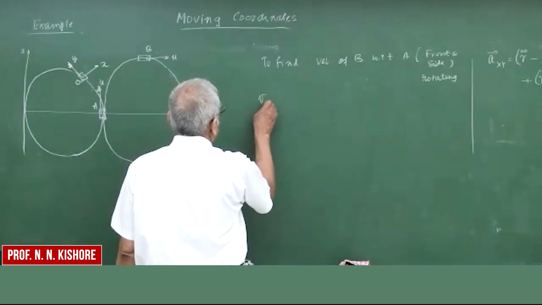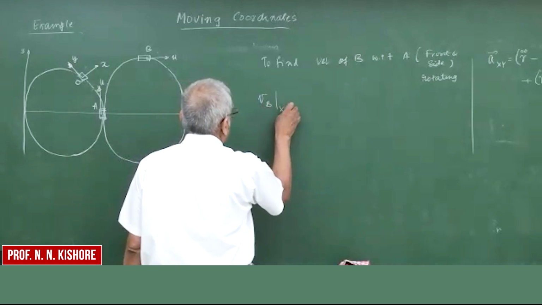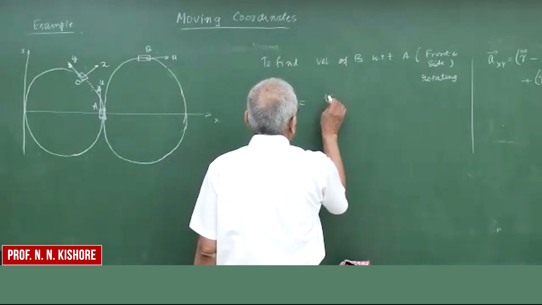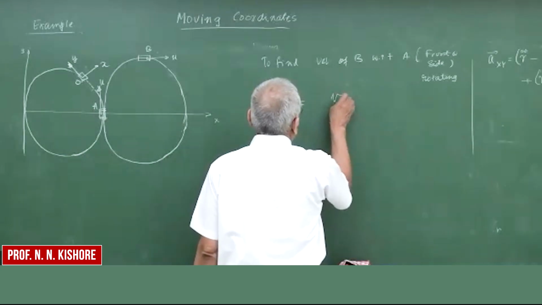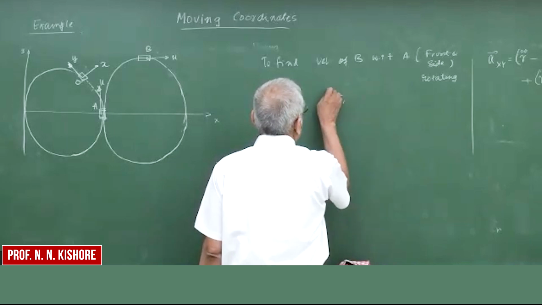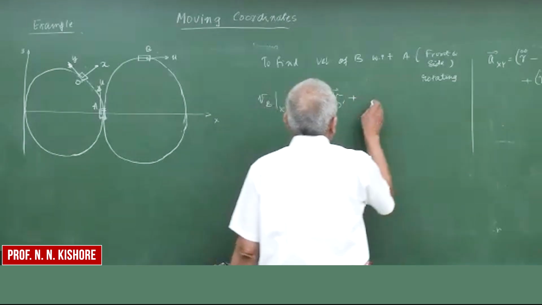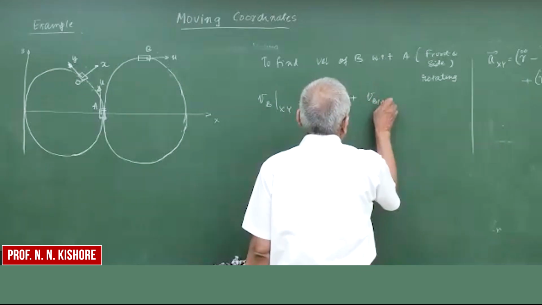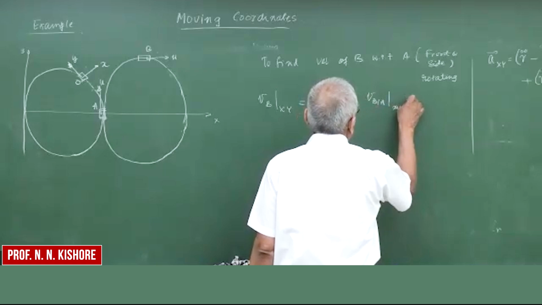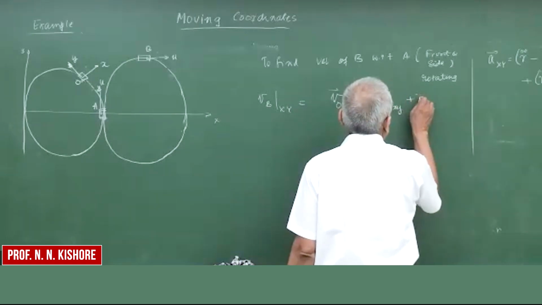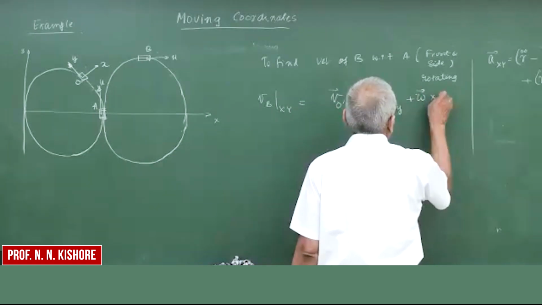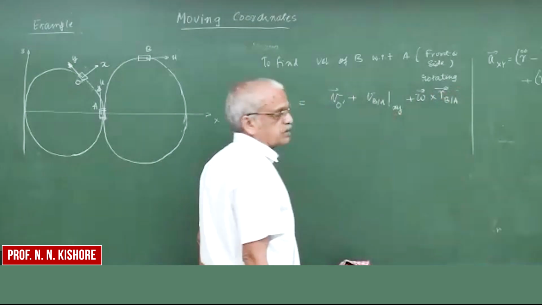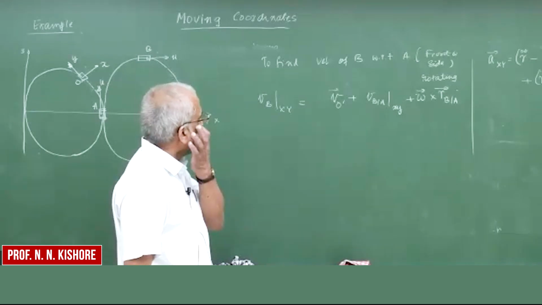So for example, here, if you want to find out VB, it is nothing but the velocity of O prime of A and the velocity of B with respect to A, okay.